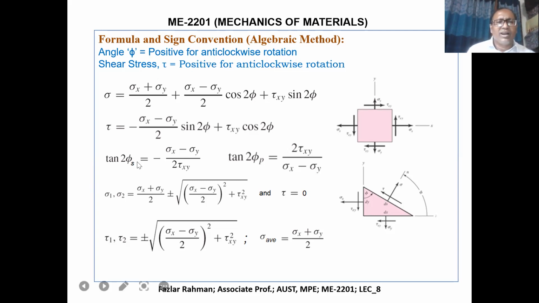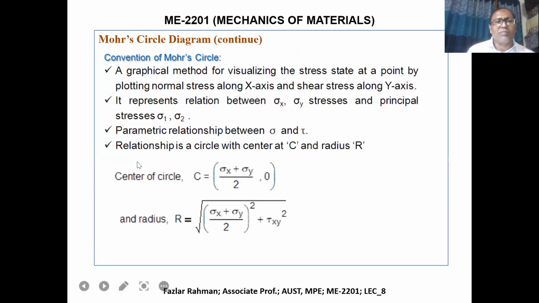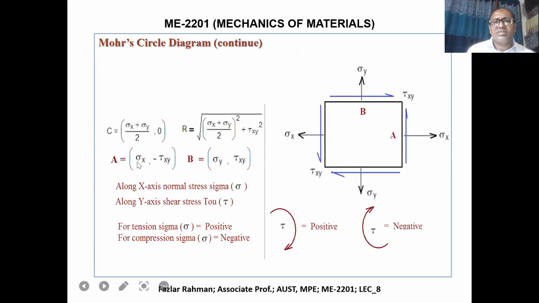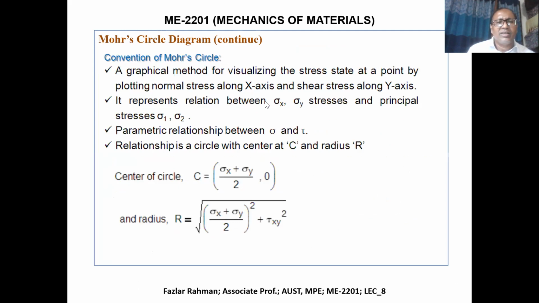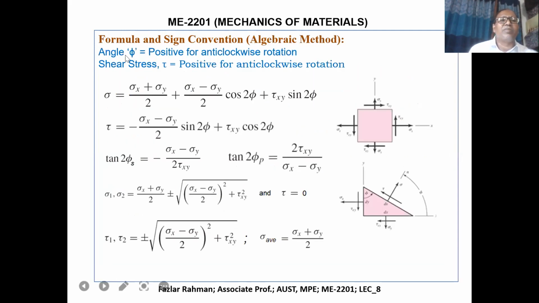Now we will solve a problem. Let's see the sign convention I put for the algebraic method. This is the sign convention for Mohr's circle, and for the algebraic method, right over here, I put angle phi positive for anti-clockwise, tau positive for anti-clockwise, and sigma positive if tension, negative if compression.